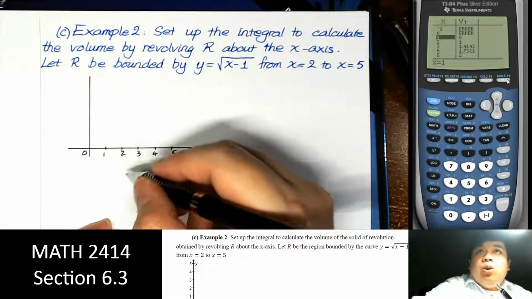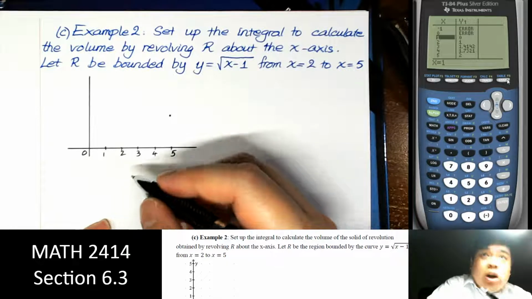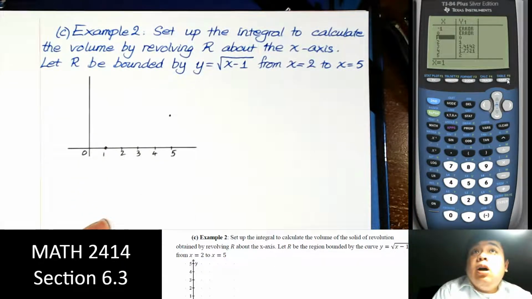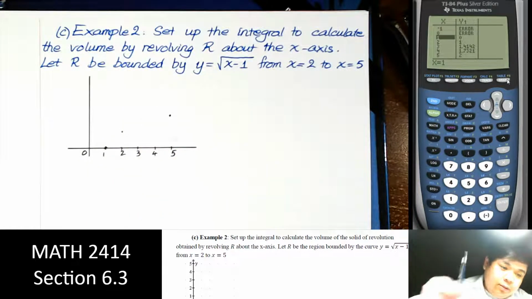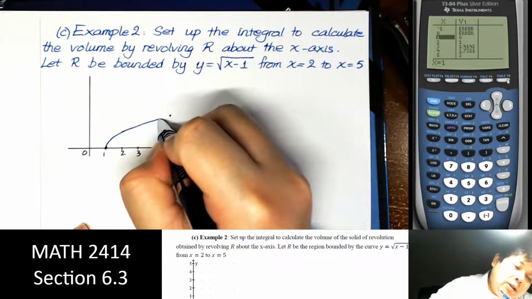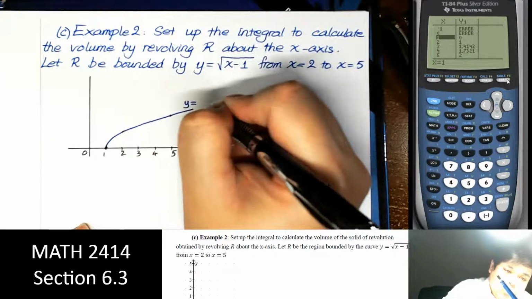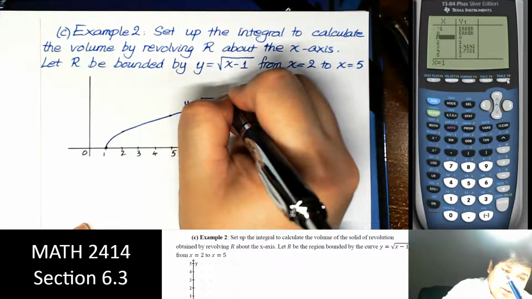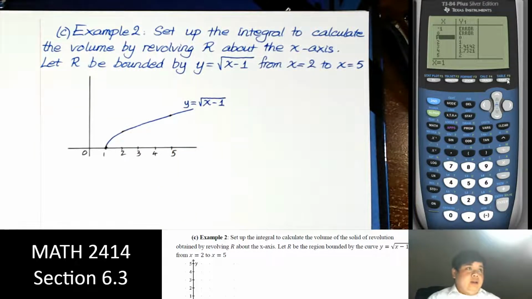When x equal to 5, y equal to 2. x equal to 1, 0. x equal to 2, 1. Yeah. Right, and from 2 to 5.